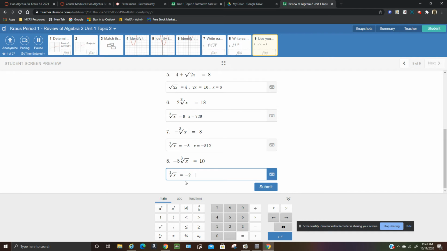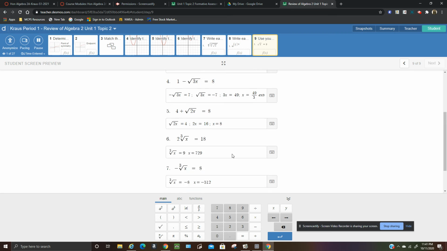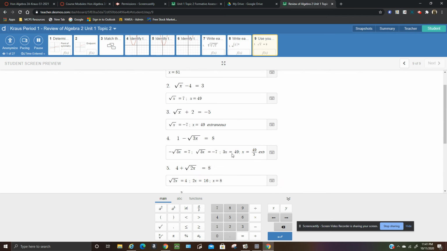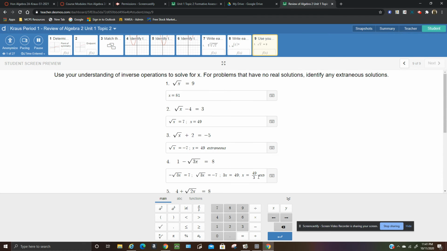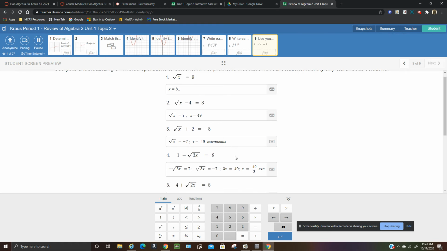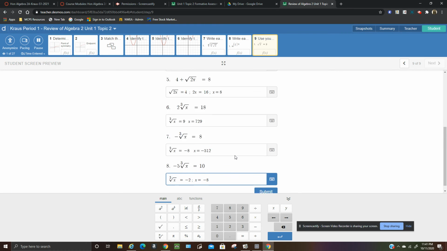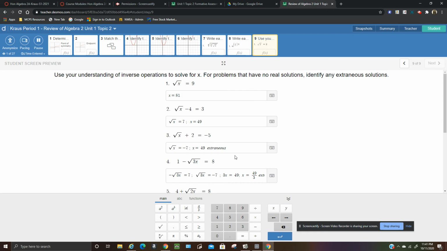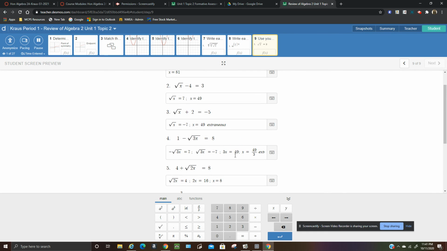And then cube both sides, -8. Plug it back in. Cube root of -8 is -2, times -5 is 10. So that one works also. So we actually got just 2, number 3, that had extraneous solutions. The rest work out when you check them.